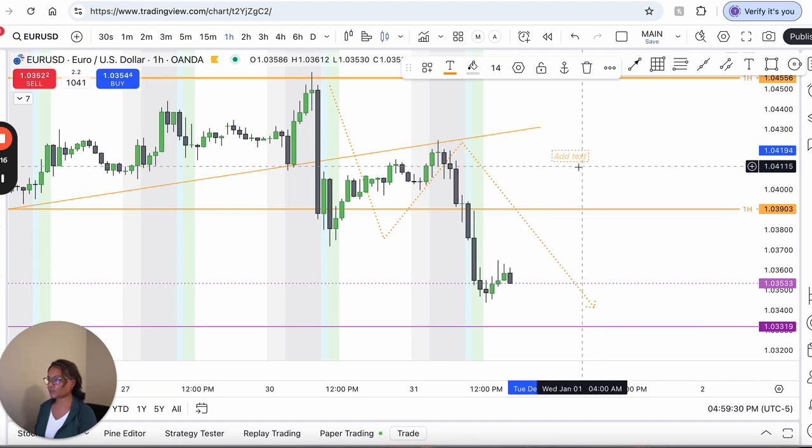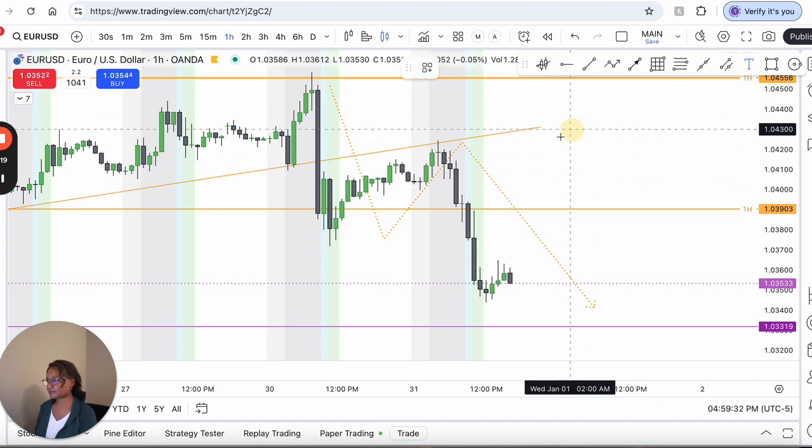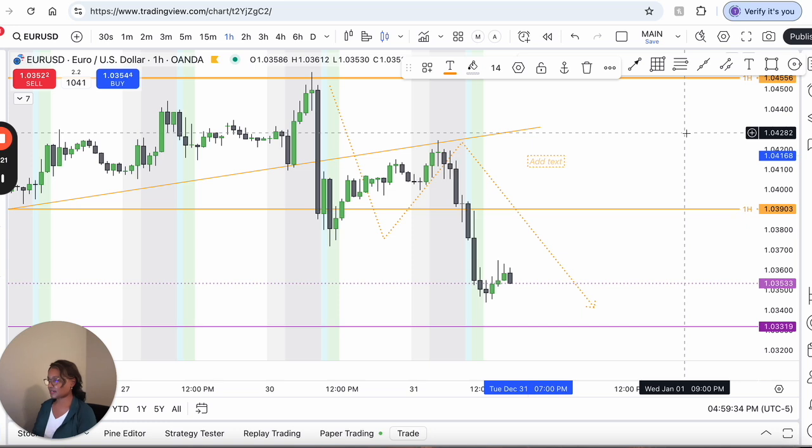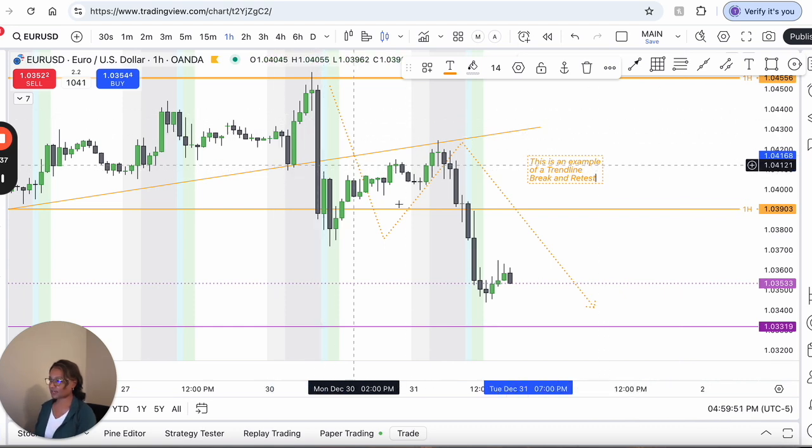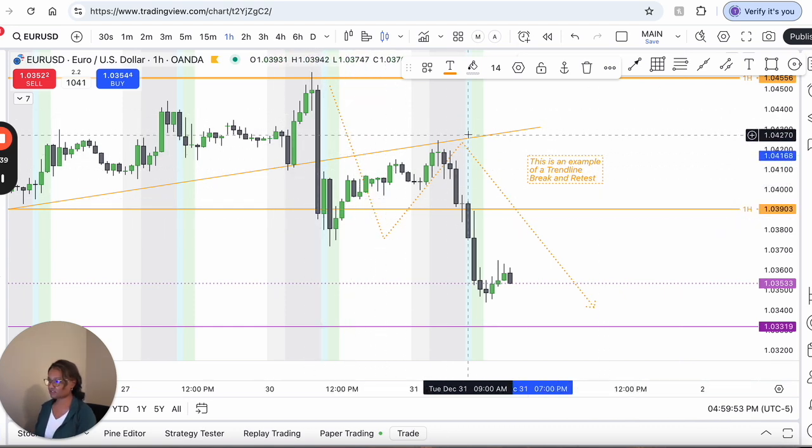Then we can see a little box here that says add text, and we'll start to type. This is an example of a trend line break, and retest. All right, so here's our break of this trend line, break, and retest.